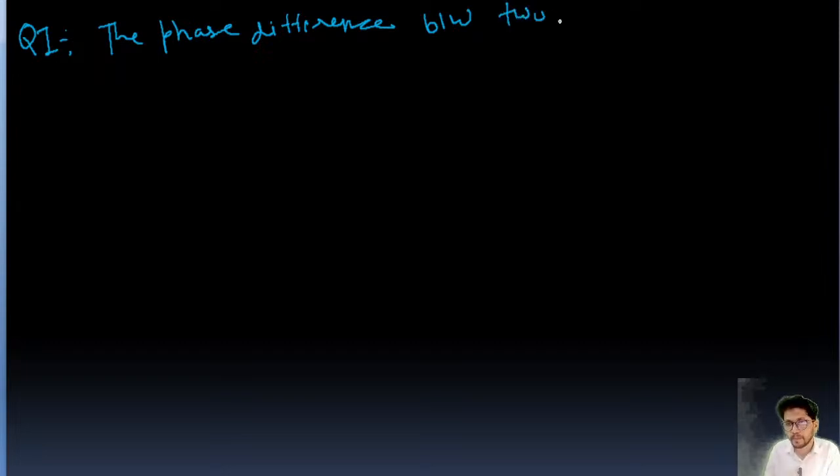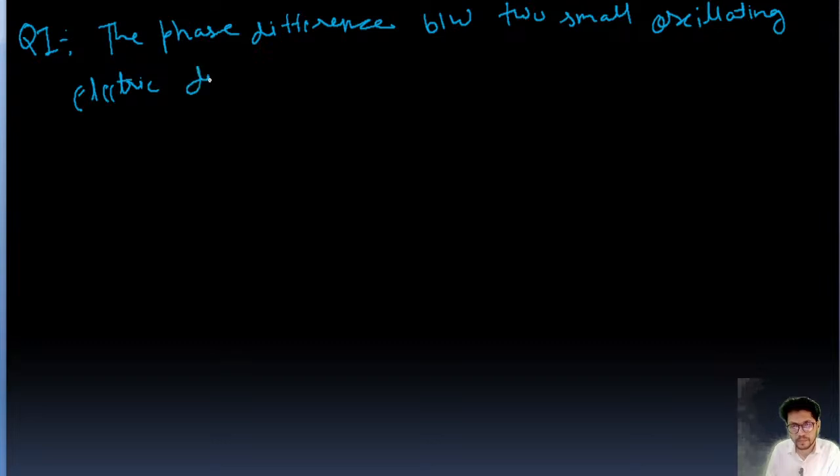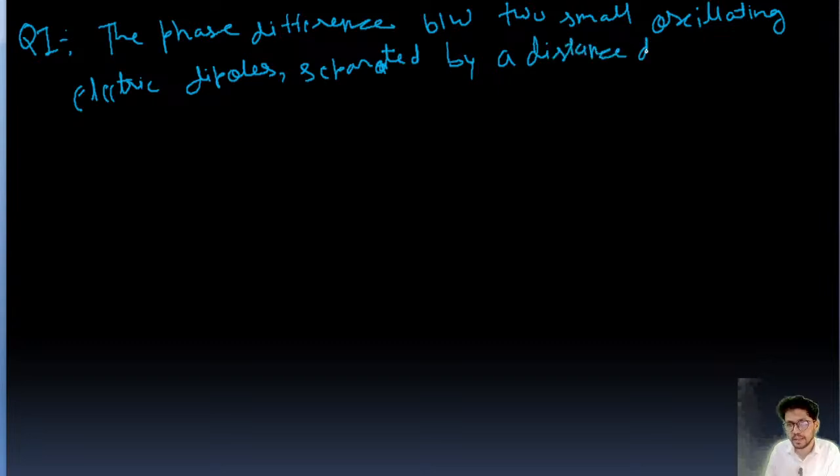Okay, so the phase difference between two small oscillating electric dipoles separated by a distance d, small d, is pi.